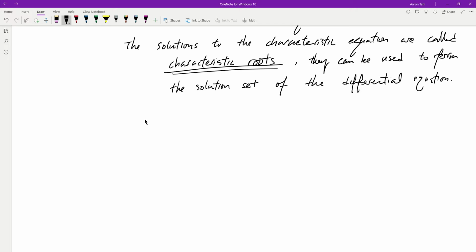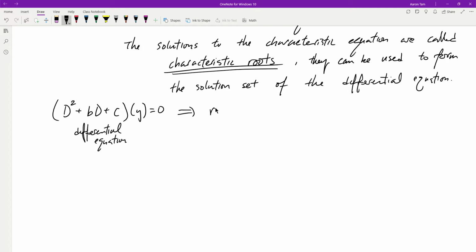Okay, maybe I'll write out a little bit just so that the idea is the following. Suppose you have D squared plus bD plus c of y equal to 0. So that's our differential equation. We can rewrite it into our characteristic equation.